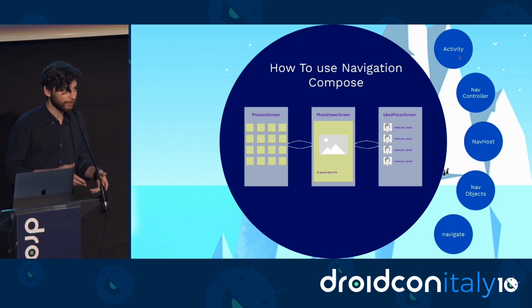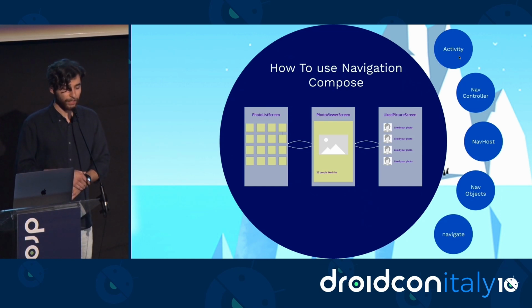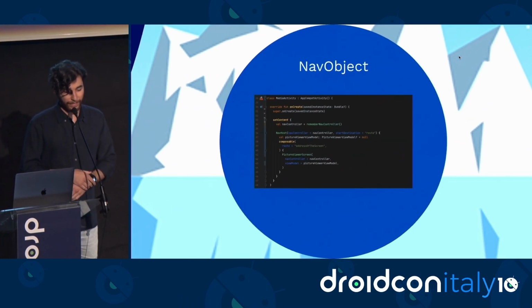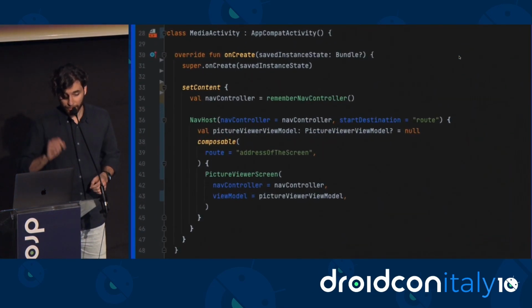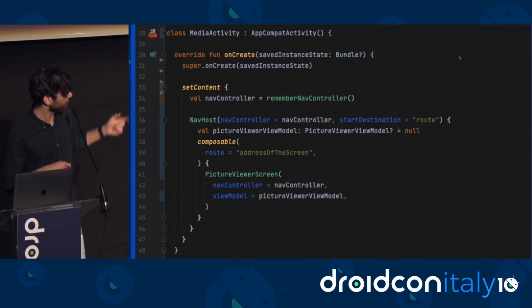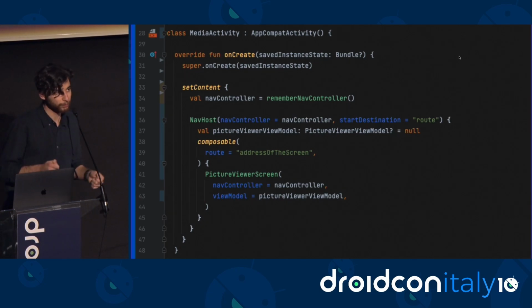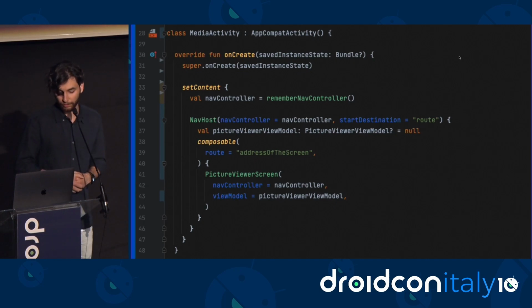Now that we have a pilot and we have a plane, we need some destinations to navigate to. And the destinations are the nav objects, navigation objects. How do we create them? Again, inside our activity, onCreate, and inside our NavHost, which has a NavGraph builder between these 2 curly brackets in front of the NavHost, we can use the keyword composable and create our nav objects. In the constructor, we pass a route, which is basically the address to this composable.